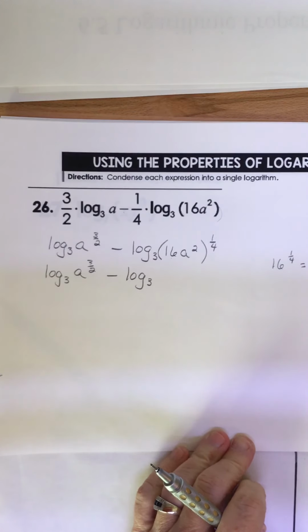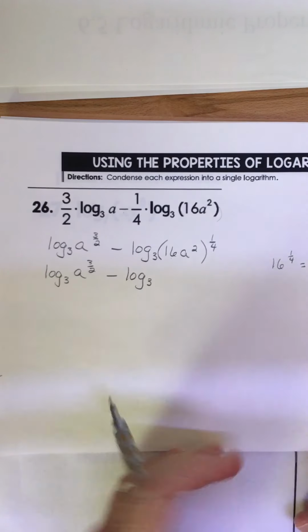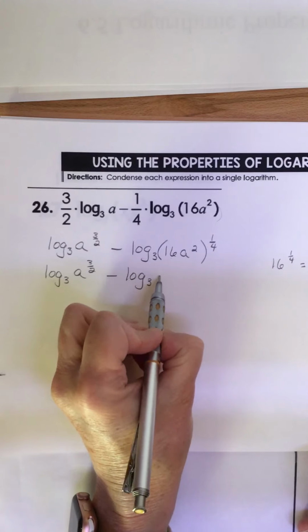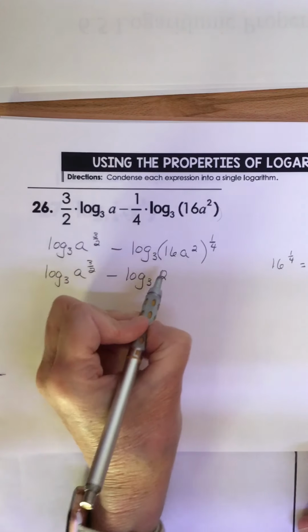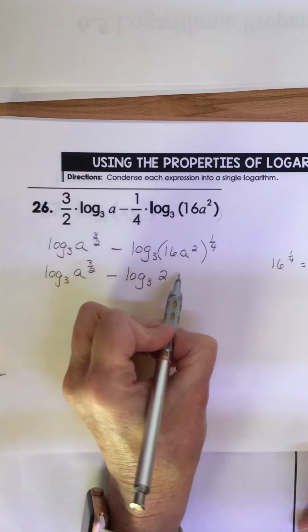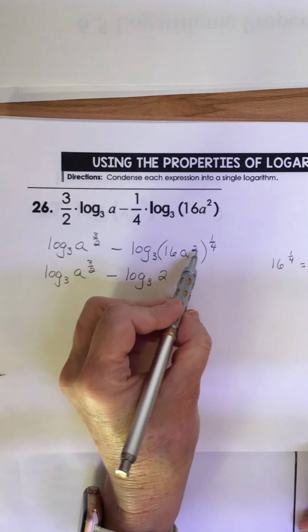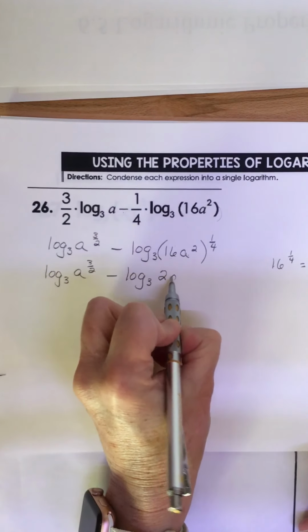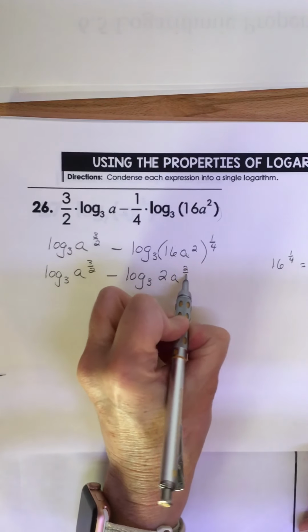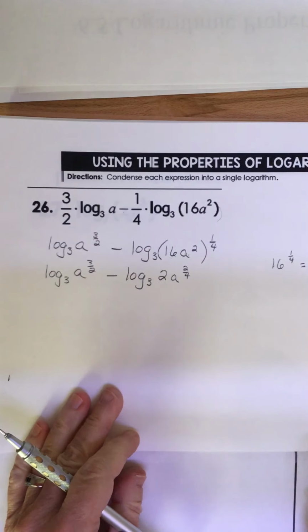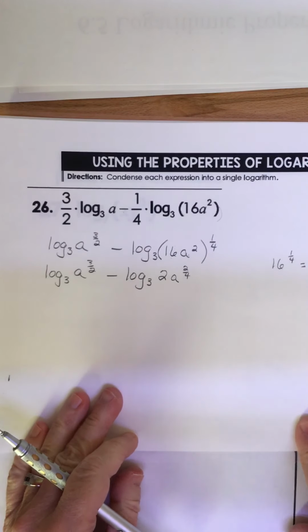I'm going to check it anyways because I'm pretty sure I'm right. Yep, it is. So then it would be 2, because it's 16 to the 1/4 power, and then a squared here, this would be a to the 2 over 4 power, which is going to be to the 1/2 power.